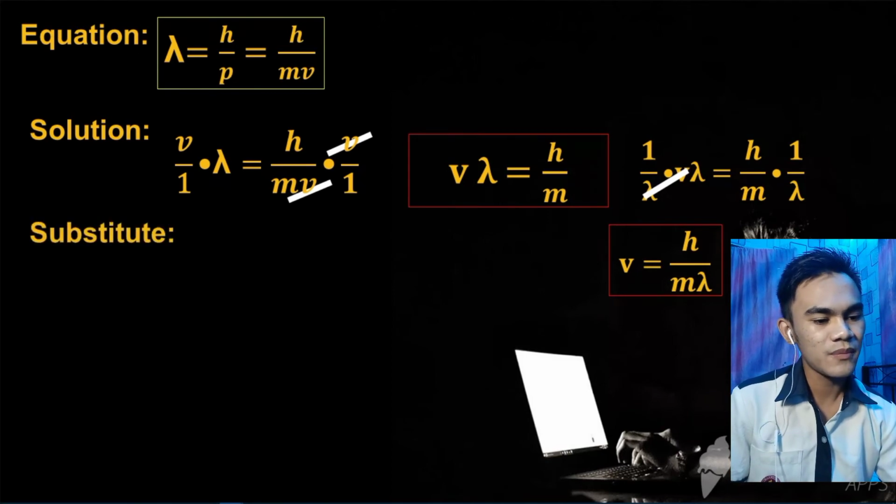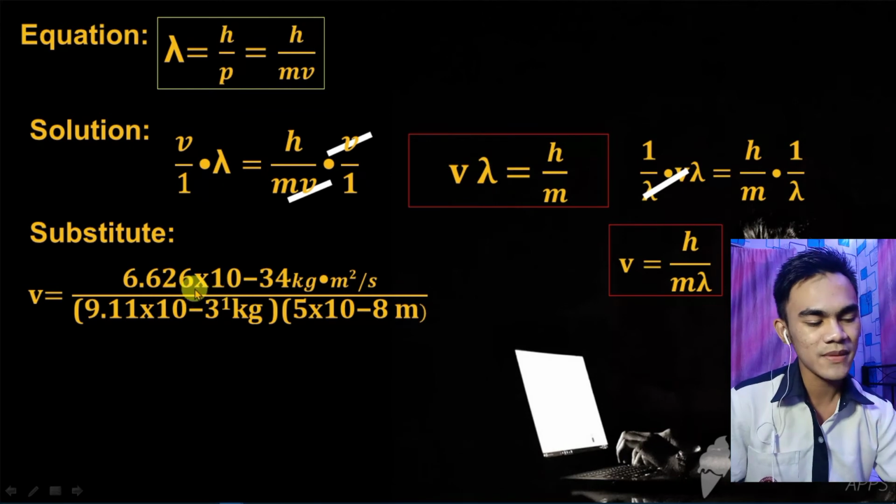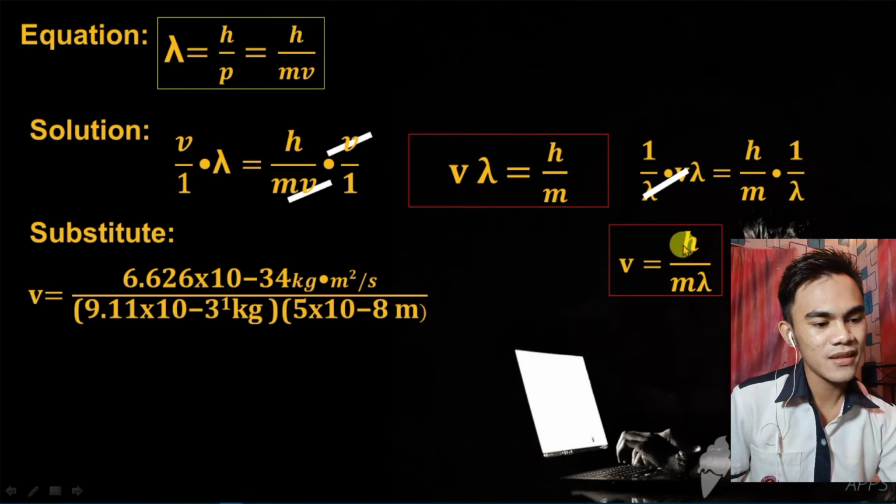So now let's substitute all the given values. We have h, 6.626 times 10 raised to the power of negative 34 kilogram meter squared per second, the Planck's constant. The mass of the electron is 9.11 times 10 raised to the power of negative 31.